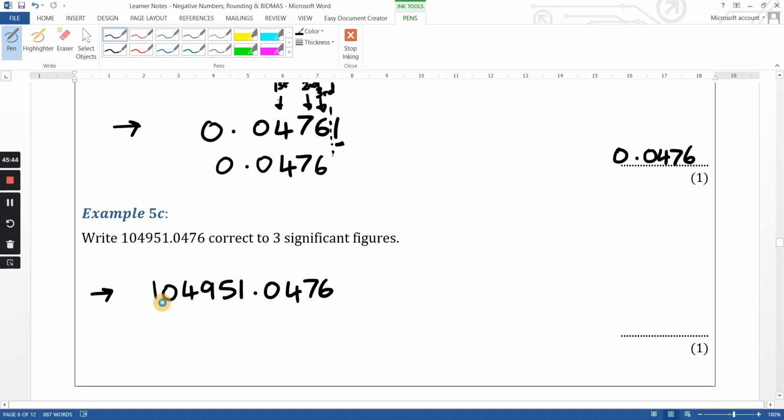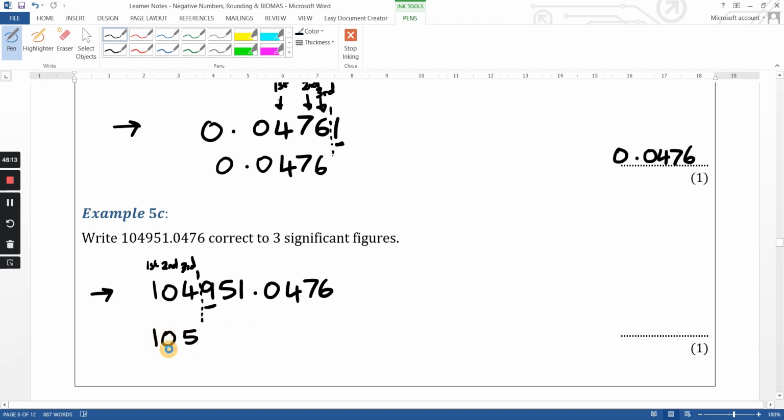So there's my first significant figure straight away. Okay, and now even if it's a 0, we still count that. So that's my second, that's my third, and so on. So there's my dotted line. That's going to decide what happens. So the 9, because that's a 9, that's going to make the 4 go up. That stays the same, and that stays the same.